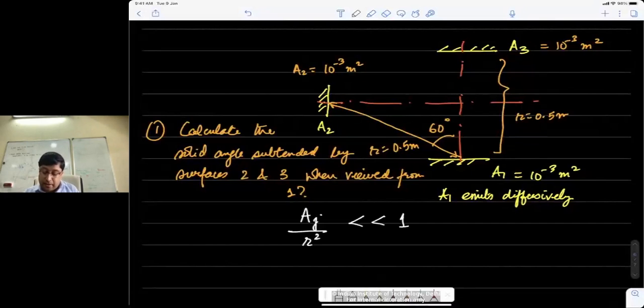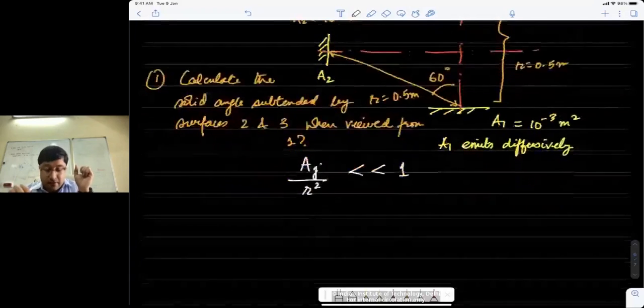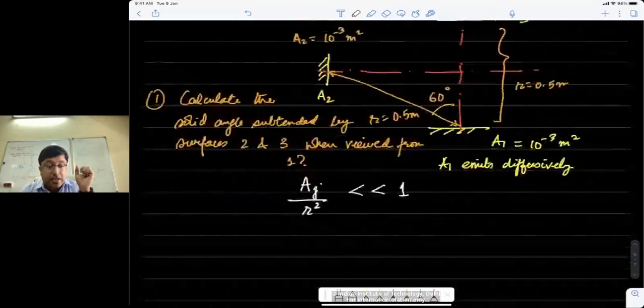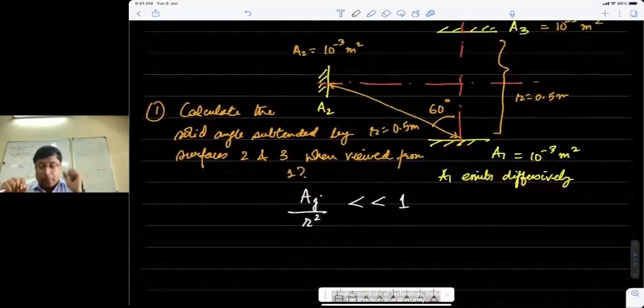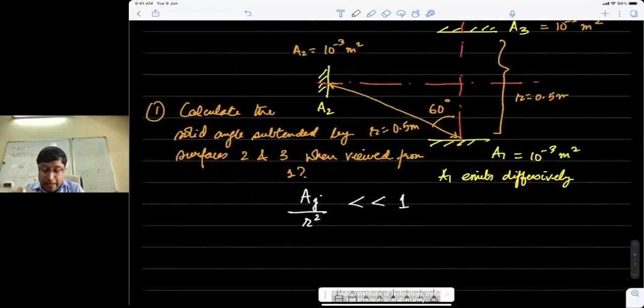So for an observer sitting on a point on surface 1, A2 and A3 are elemental surfaces, and all points on them are at an equal distance. So I'm not going to do a total integration. I would rather use the simple elemental calculation I did in the earlier part where we defined this angle d omega.